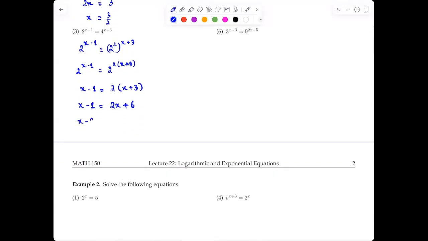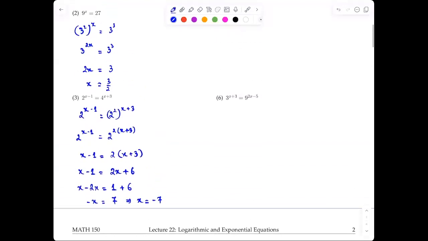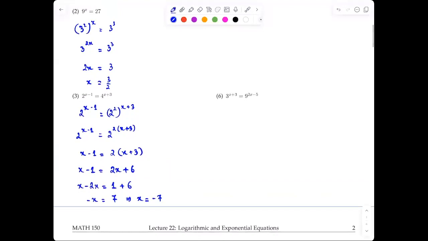So you have x minus 2x equal to 1 plus 6, or negative x equal to 7, or x is equal to negative 7. You good? Any questions?